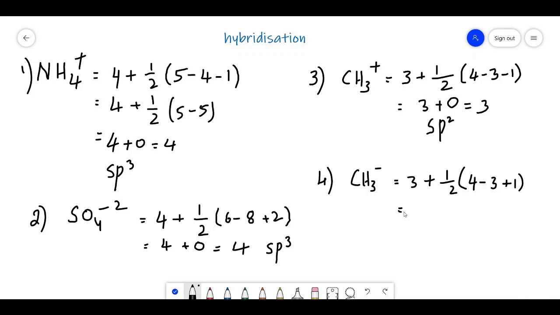Now we get 3 plus half into 5 minus 3, which is nothing but 2. So this 2 gets cancelled, and we get 3 plus 1, which is nothing but 4. And the hybridization here is sp3 with one lone pair. So this is the method of how to calculate hybridization for ions.